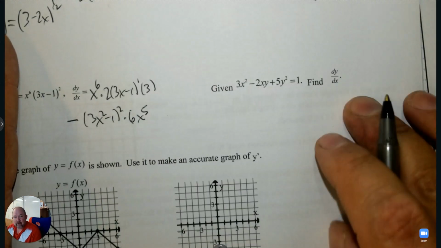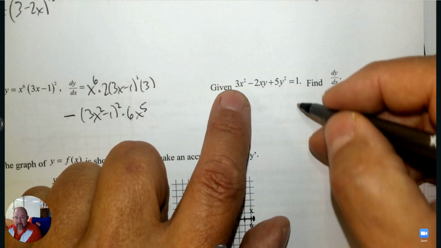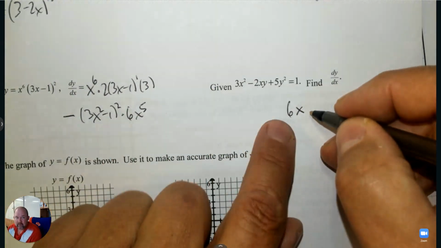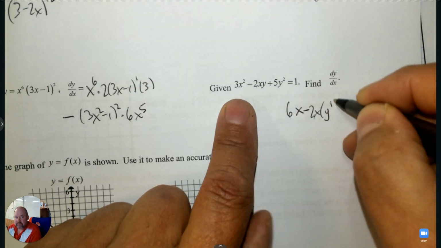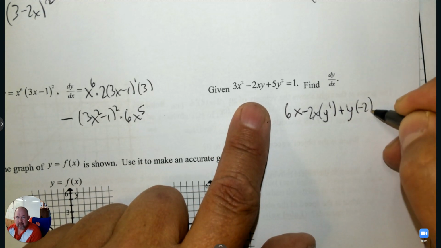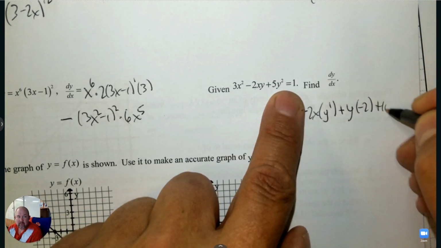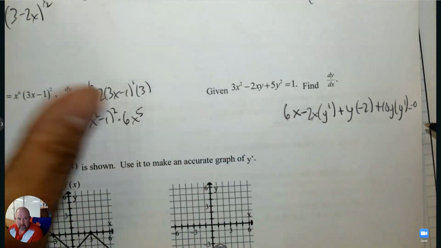This one, and I might do it here a little bit on the right, to take the derivative, we do it implicitly. So the derivative of 3x squared is 6x. This is the product rule. So the first times the derivative of the second plus the second times the derivative of the first. The second one would be 10y, but it needs the hook y prime, and then 1 would just be 0.